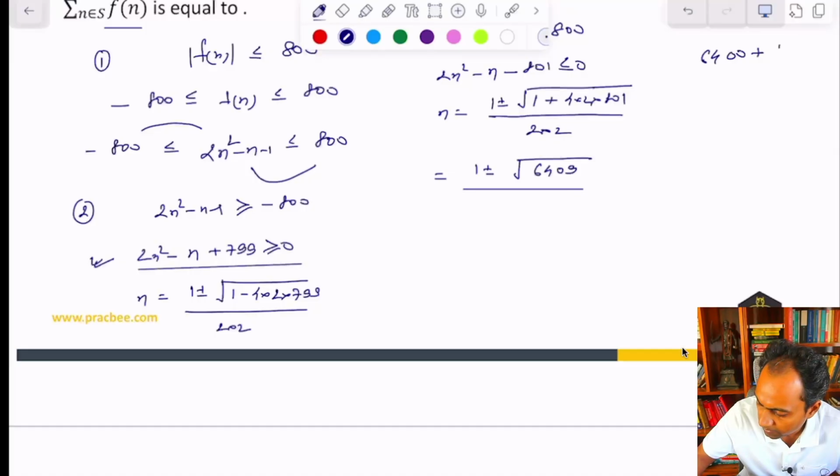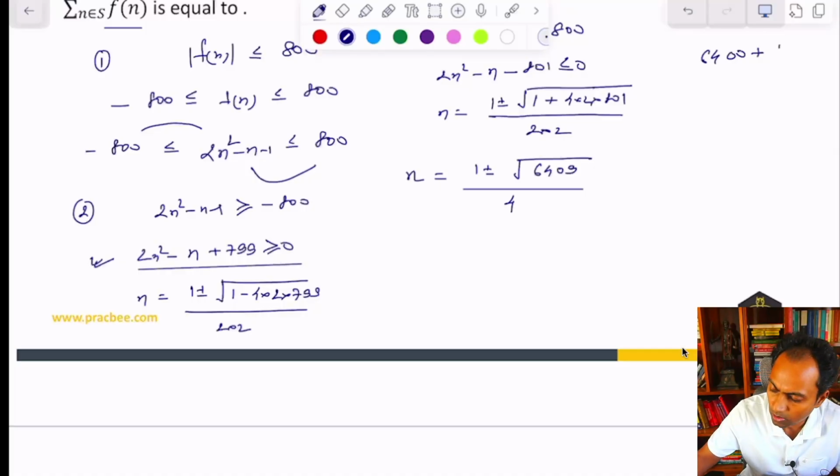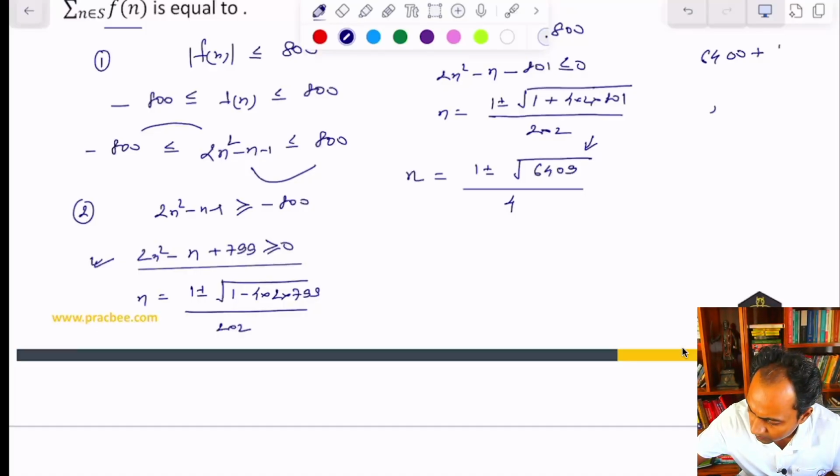6409, divided by 4. Now here, the important thing to understand is what would be the closest integer for this square root. See, if I have something like 81 into 81, let us see what we get.